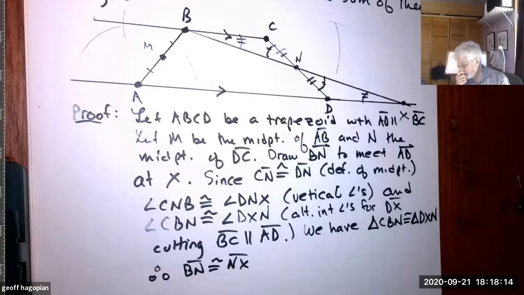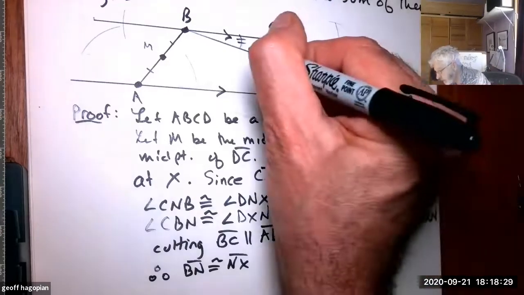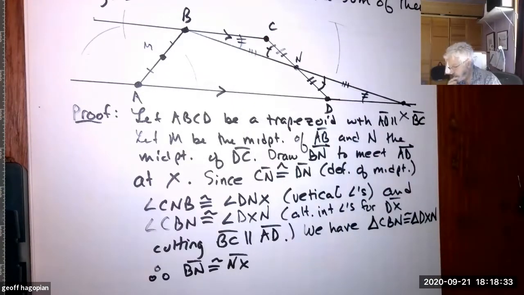I don't know if I'm there yet. Anyway, BN is congruent to, what else do we know? BN is congruent to NX. Shall I mark that? It's like three hash marks now, right? Is that good for anything? I haven't even drawn the median in yet, have I?